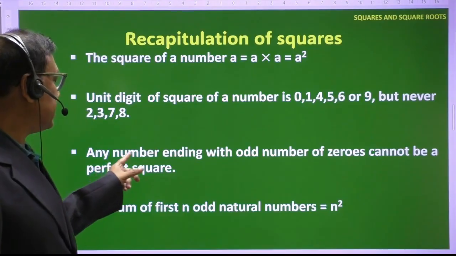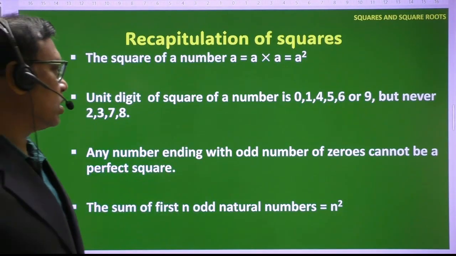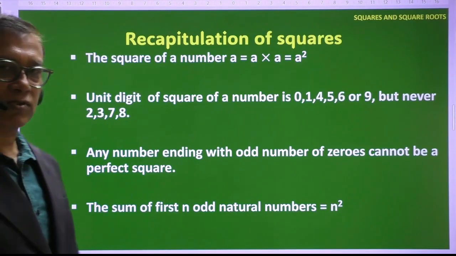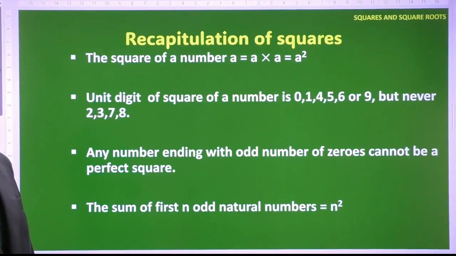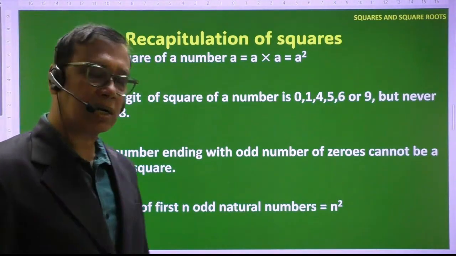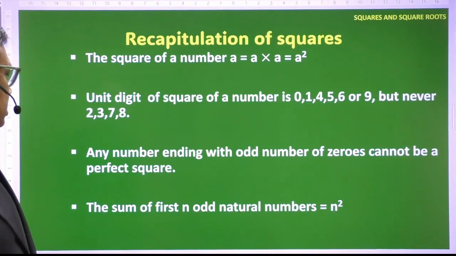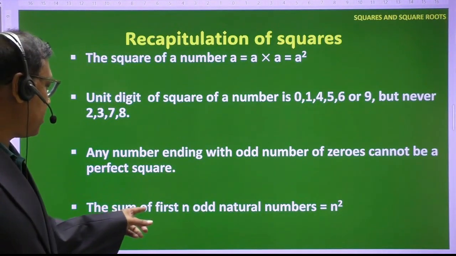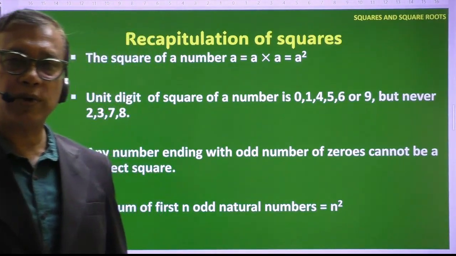Now any number ending with an odd number of zeros cannot be a perfect square. Definitely we can say a number ending with an odd number of zeros is not a perfect square. Yes, the sum of the first n odd natural numbers equals n square.